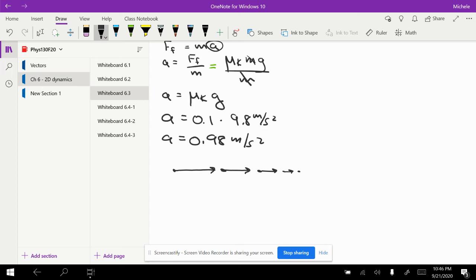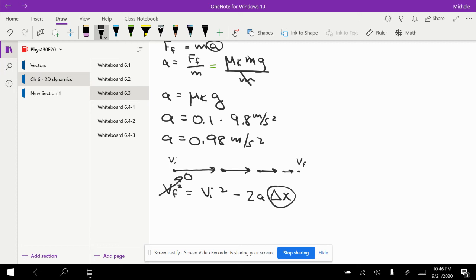So I want to use, I think this one, v final squared is equal to v initial squared minus 2a delta x. Okay, so I know the final velocity here is going to equal 0. And I'm looking to find delta x. I want to know how far I'm going to go. And so really this delta x is my x final 2.